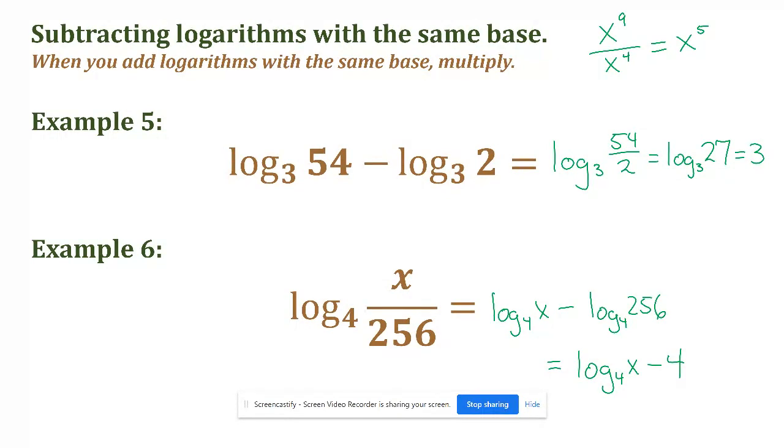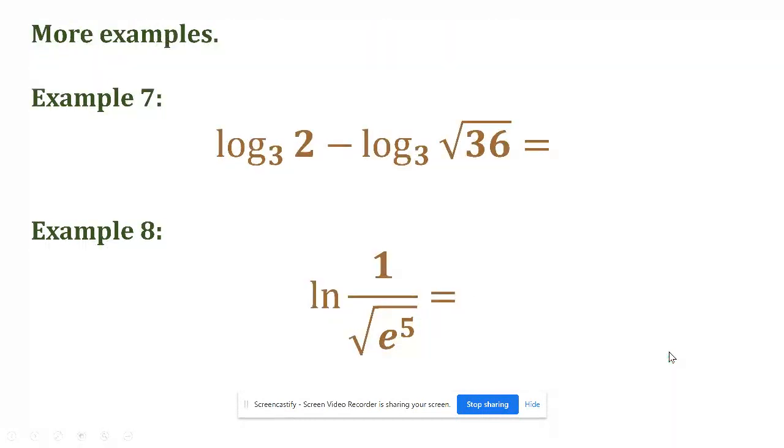So we're going to do a couple more examples of this type of problem. So here we've got log base 3 of 2 minus log base 3 of radical 36. So what I'm going to do here is I am going to divide, and I'm going to write this as log base 3 of 2 over radical 36. I don't know why we need to write it as radical 36, because radical 36 is just plain old 6.